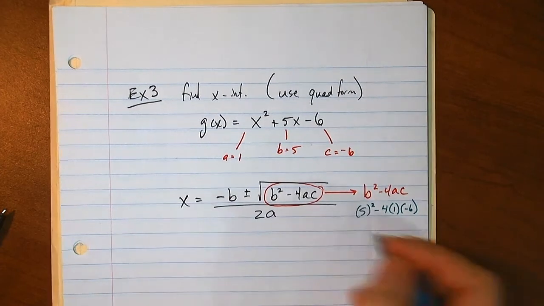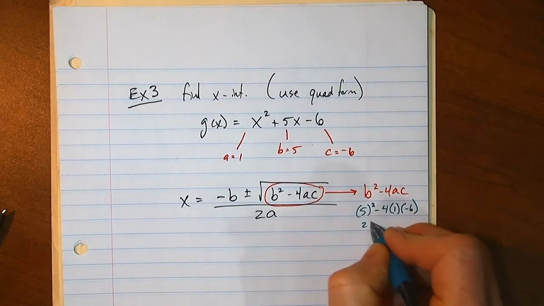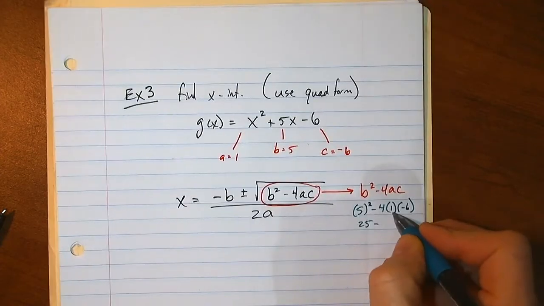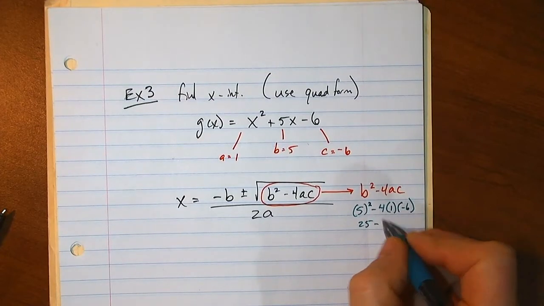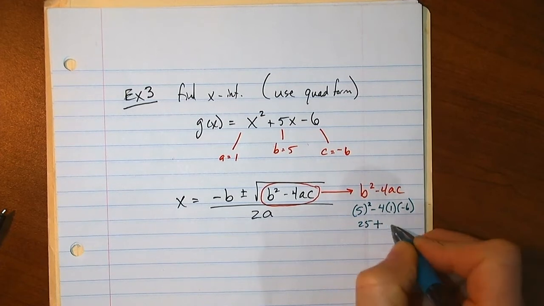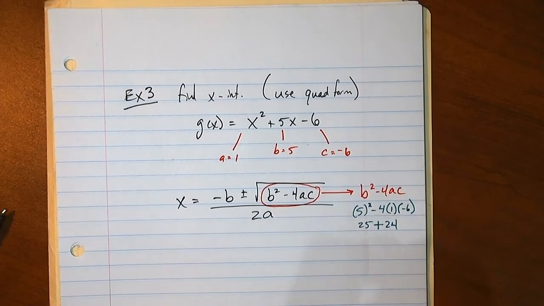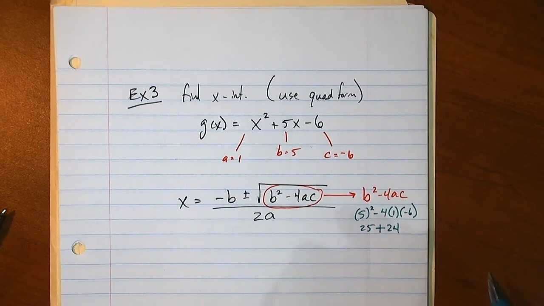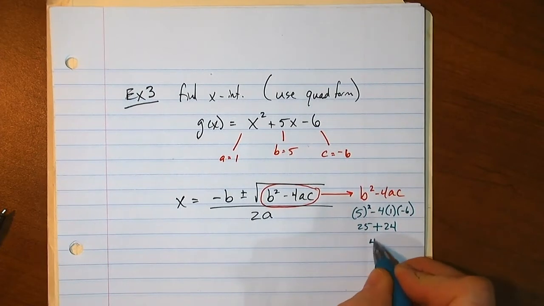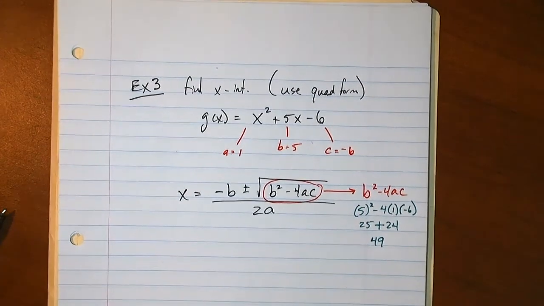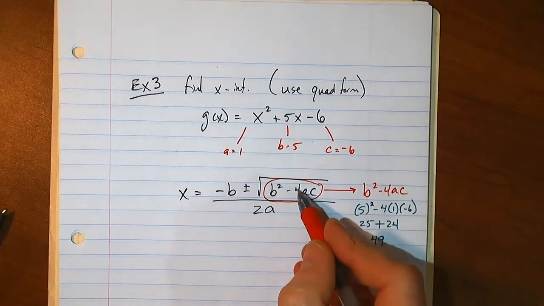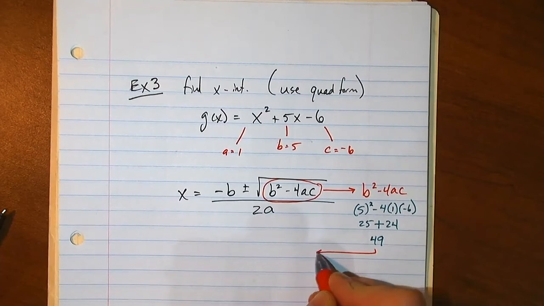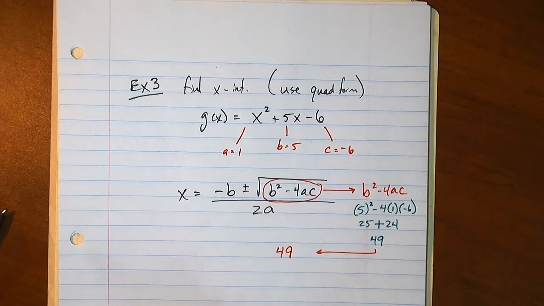So this will give me the value of my discriminant. 5 squared is 25. 4 times 1 is 4, times -6 is -24. So I'm going to have minus a negative 24. And 25 plus 24 gives me 49. So that's the value of my discriminant. So this whole thing in red becomes a 49.